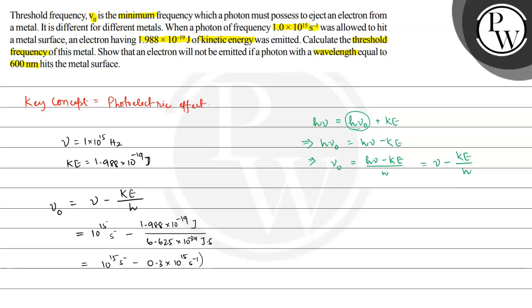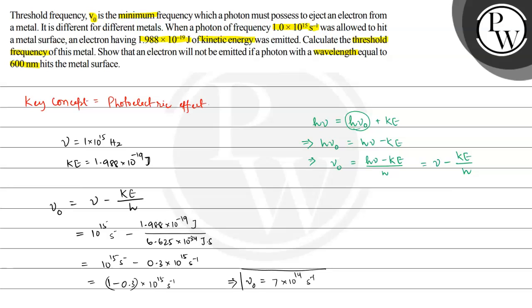So इसकी अगर हम वैल्यू डिटरमाइन करें then यहाँ पर 10 to the power 15 कॉमन है. So here we have 1 minus 0.3 multiplied by 10 to the power 15 second inverse, or this is nu naught is equal to 1 minus 0.3 is 0.7, 0.7 multiplied by 10 to the power 15 second inverse, or we can write it like this, 7 into 10 to the power 14 second inverse.